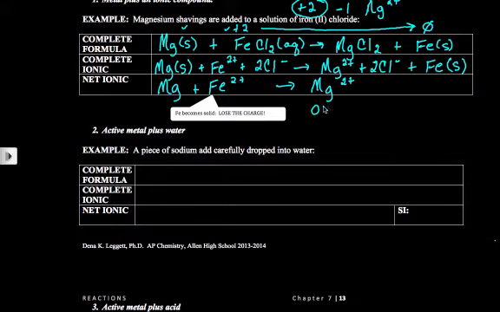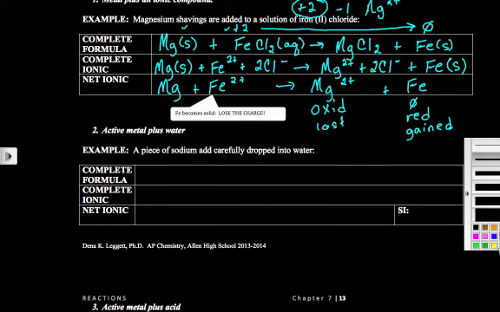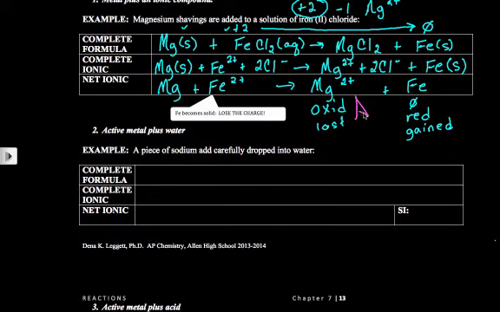It is oxidized because it lost electrons. The iron becomes iron 0 because it was reduced. It gained electrons. Now, since the magnesium wanted to be the cation, the metal that prefers to be the cation is the most active. So magnesium's the most active of these two.